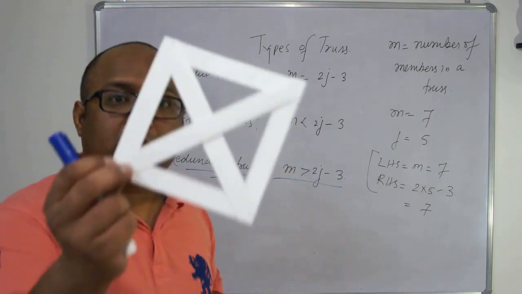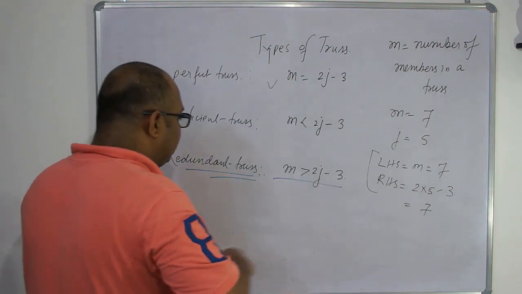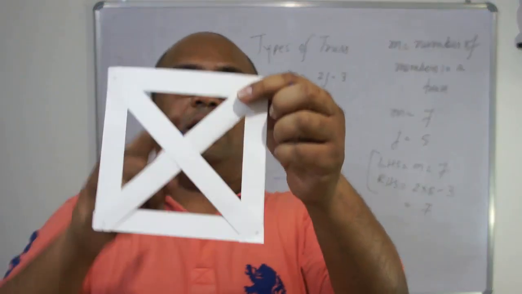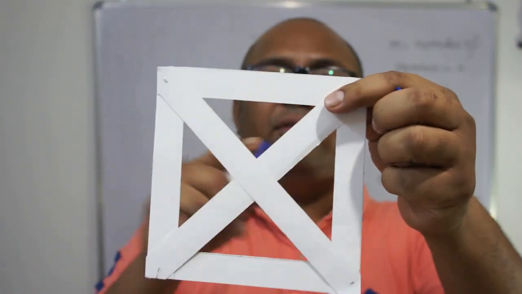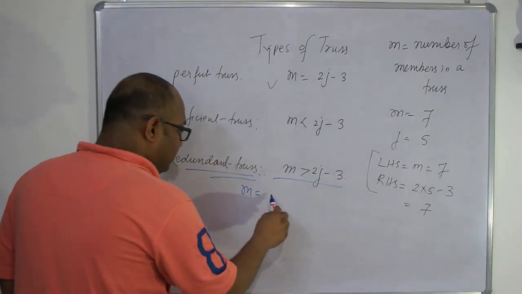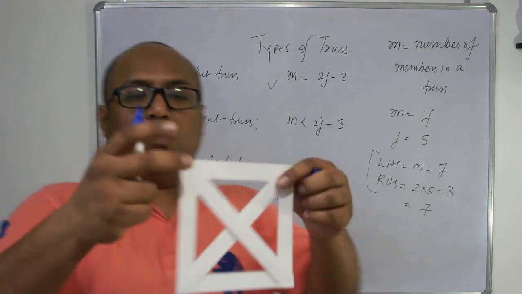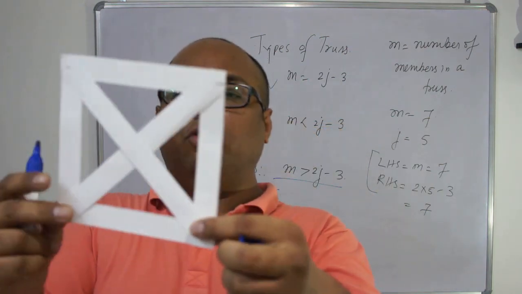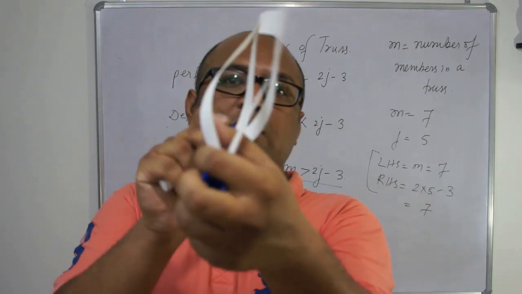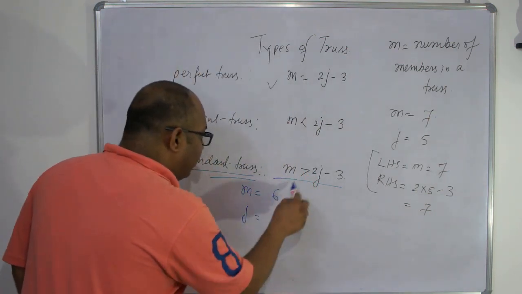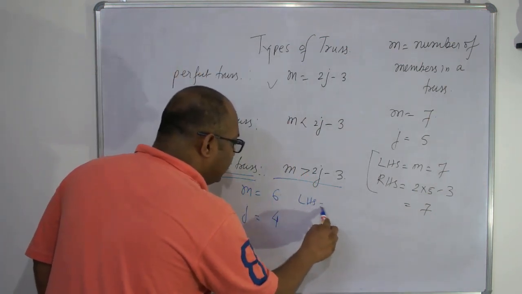Now if I have a situation of this kind, let us see what is the number of members. How many members are here? 1, 2, 3, 4, 5, 6. 6 members. And how many joints are there? 1, 2, 3, 4. This is not a joint. So 4 joints are there. If you calculate the LHS, LHS is 6.